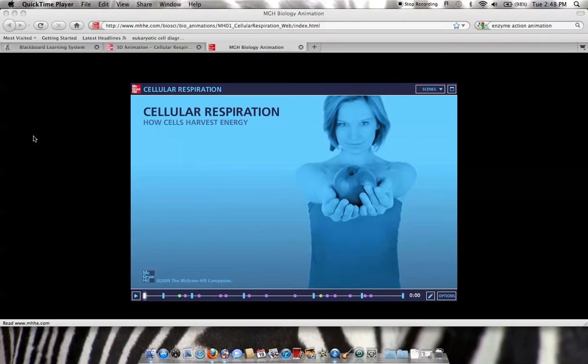So I'll begin with the glycolysis reaction. Now please pay attention to where these reactions occur and how many energy molecules, ATP molecules, are produced by each reaction.